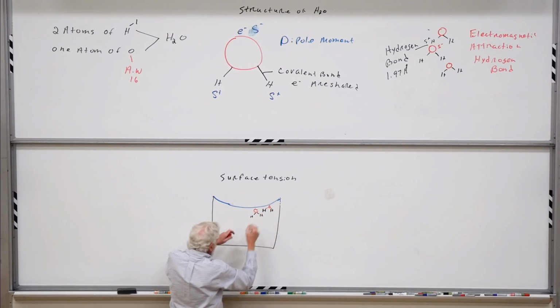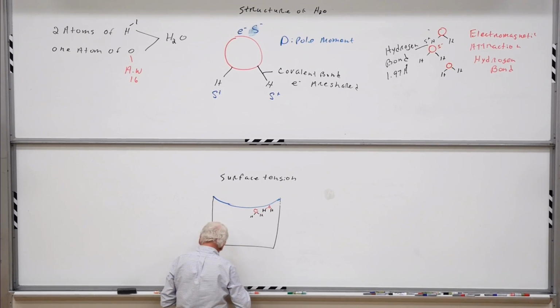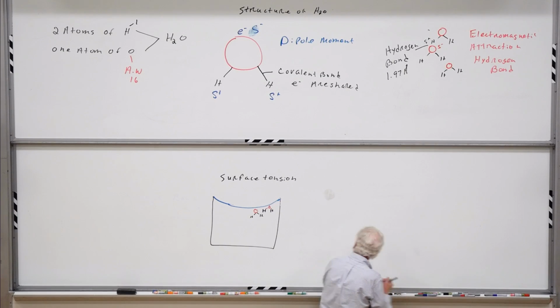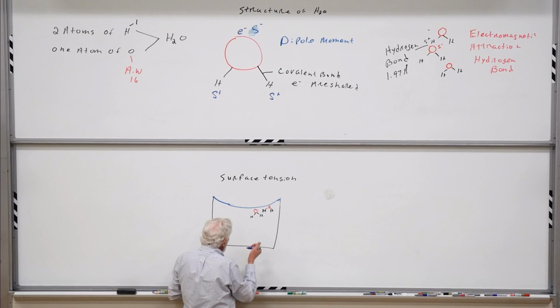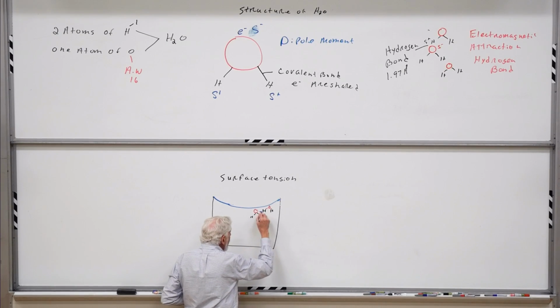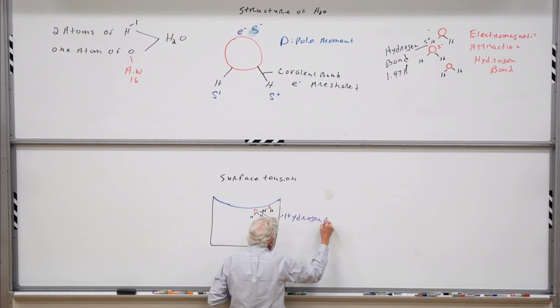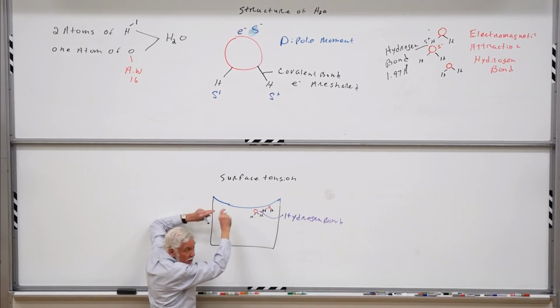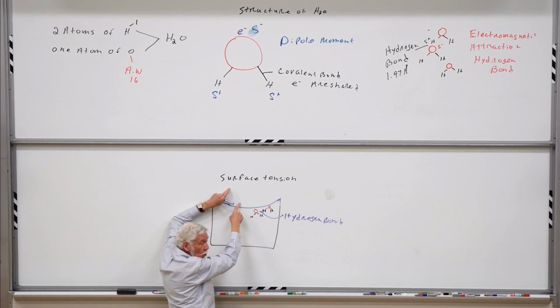And so now the dipole moment, the hydrogen bonding here, will be from the oxygen of this water molecule to the hydrogen of this water molecule. So there's a hydrogen bond. And all along this air-water interface, these molecules are interacting one with the other to form surface tension.